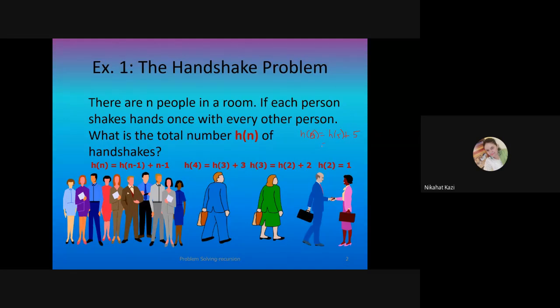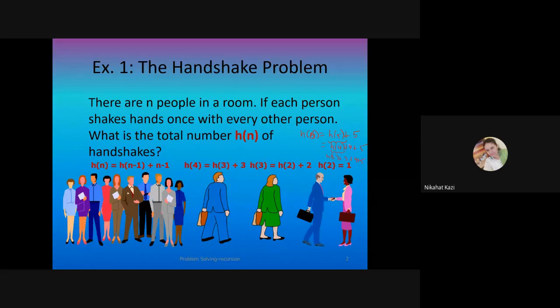And then for finding h of 6, I need to know the solution to h of 5, which is nothing but h of 4 plus 5. I'm just substituting this. Is there any problem? No, ma'am. Okay, and then I keep on substituting, right? So this h of 4 again I will substitute h of 3 plus 3.